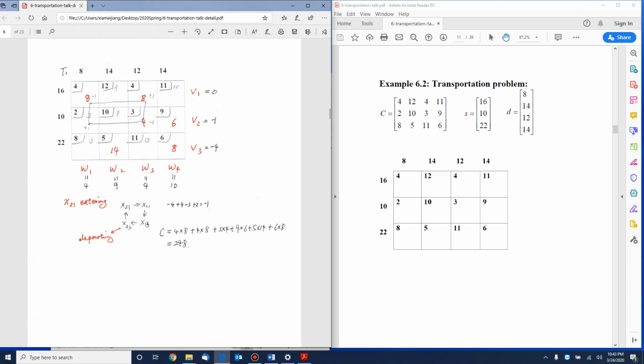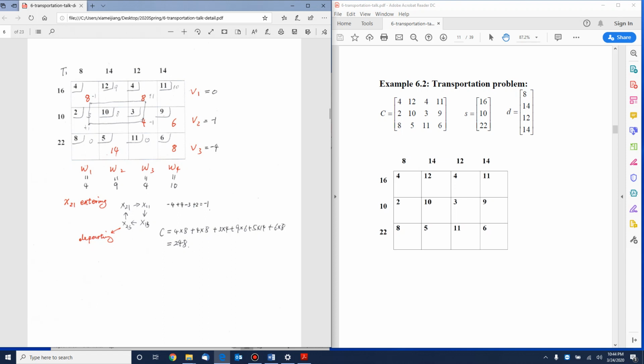Here we are talking example 6.2. In this example we have only collected the data for the cost matrix, supply vector, and demand vector. First of all, we check whether or not the total supply equals the total demand.